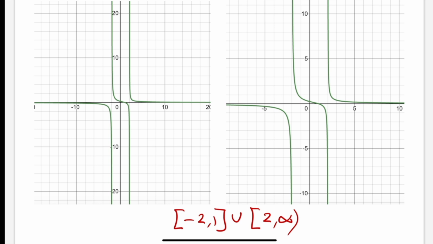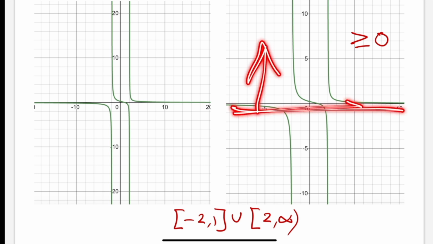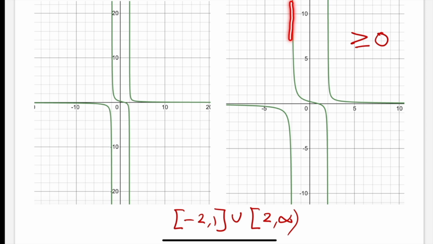Again, remember, my function had to be greater than or equal to 0, which means it has to be above the x-axis. That means this piece and that piece. If this value is negative 2 and this is 1, this piece is from negative 2 to 1. And now here I have my asymptote, which is 2.